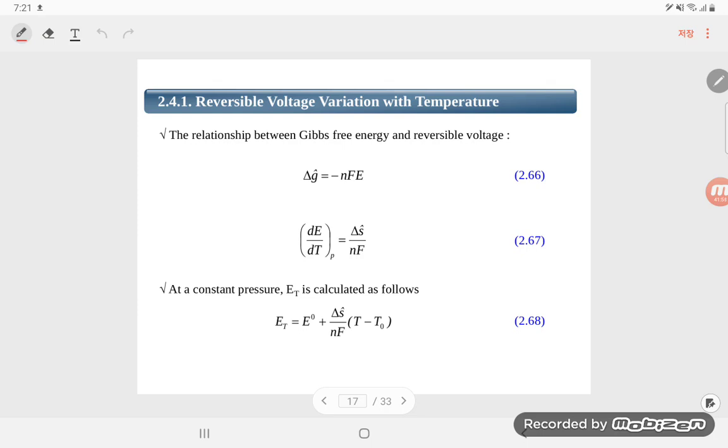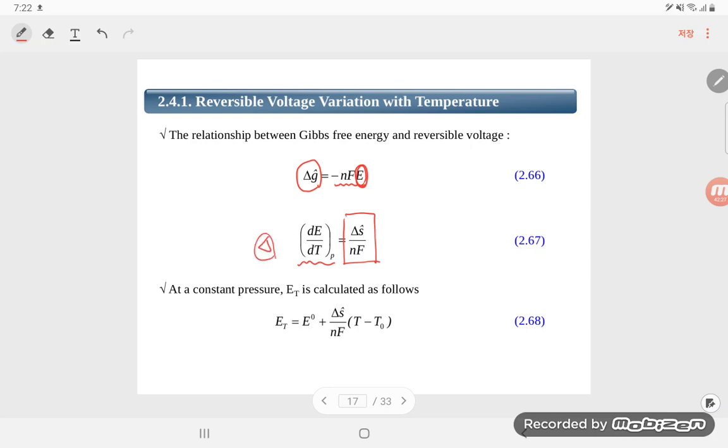Then let's relate this one to the voltage, the reversible voltage. The Gibbs free energy is minus nFE, and we know about the change of this E depending on the temperature. So now we have this one. And then this is the delta, right? The slope of the delta.